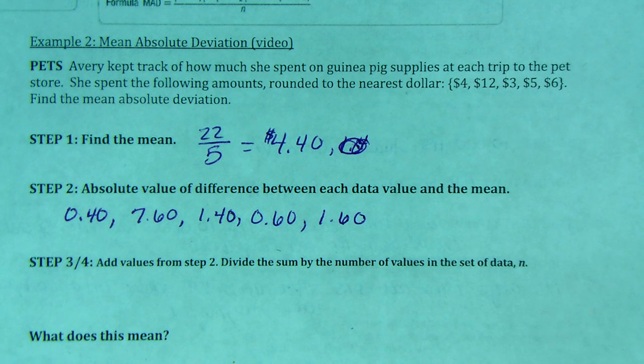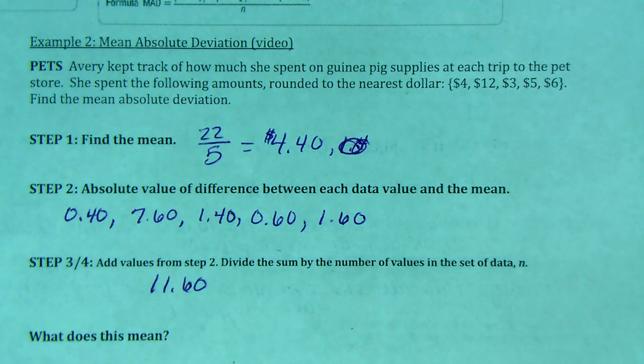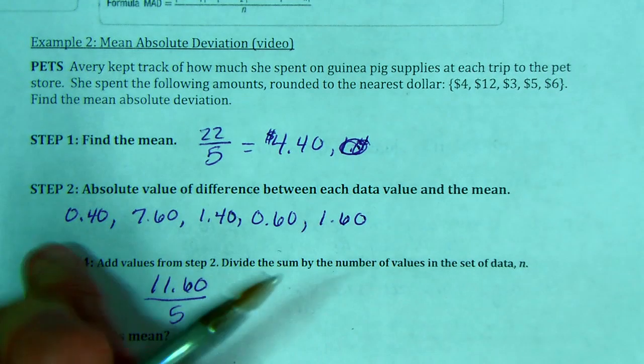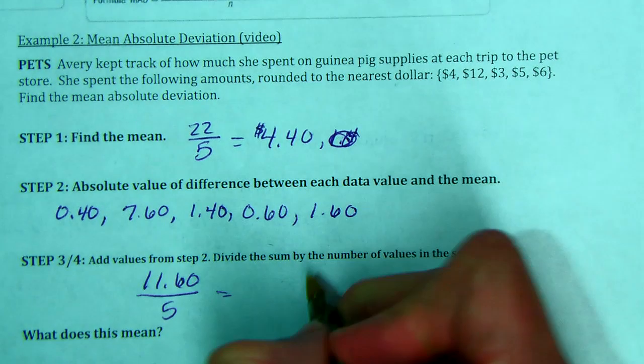I'm going to double check. Okay, I got it the second time. Divided by how many I have, which is 5. And so when I do that, again, I'm going to round to the nearest hundredth because I'm talking money. $2.32.